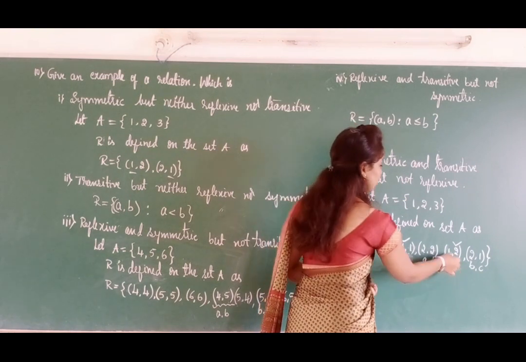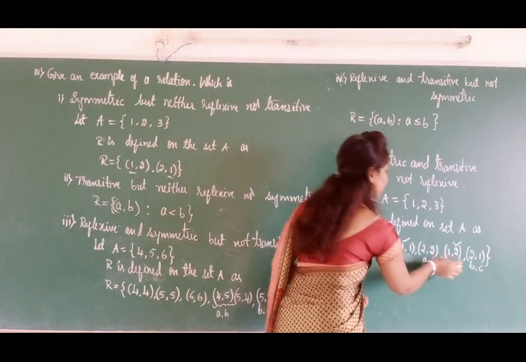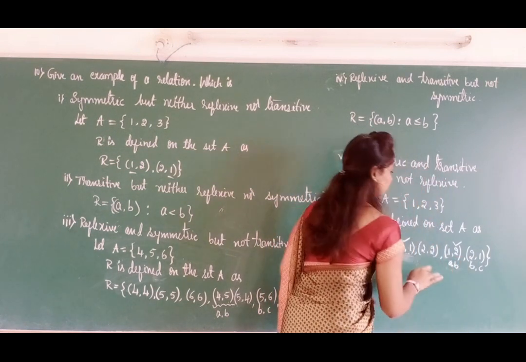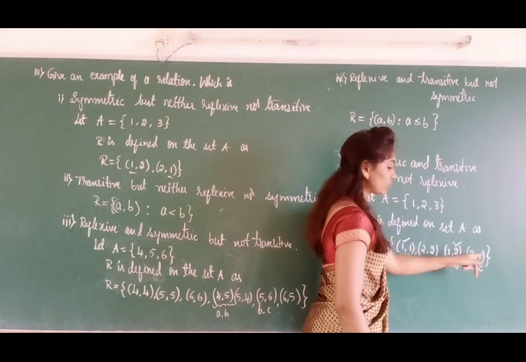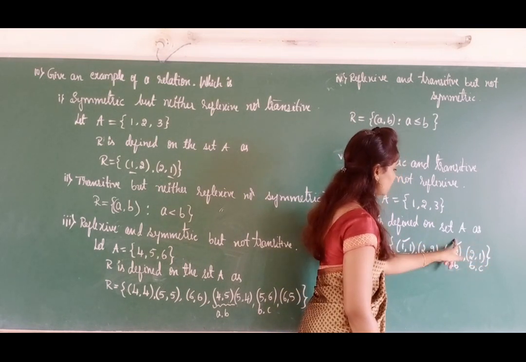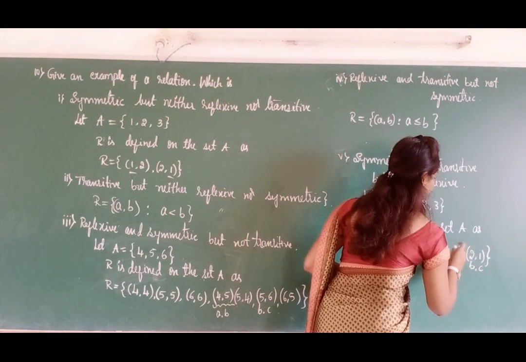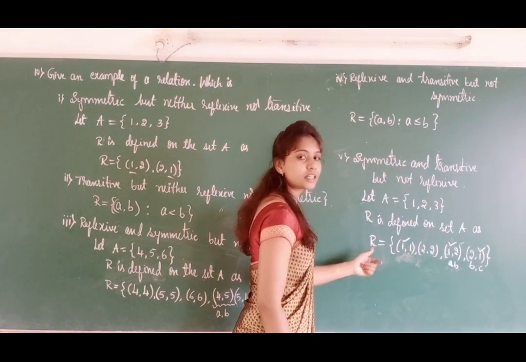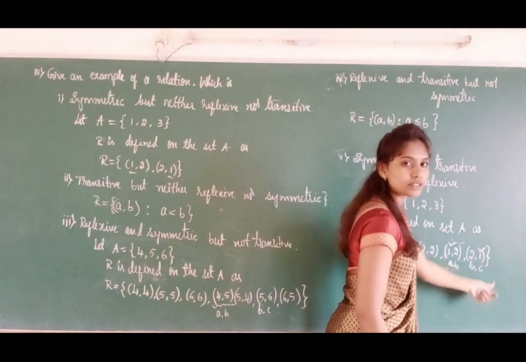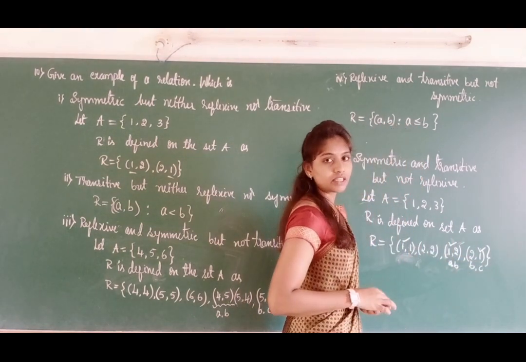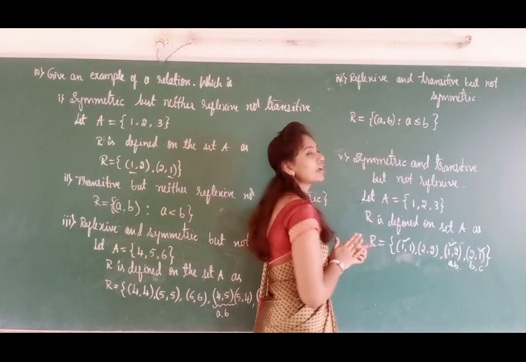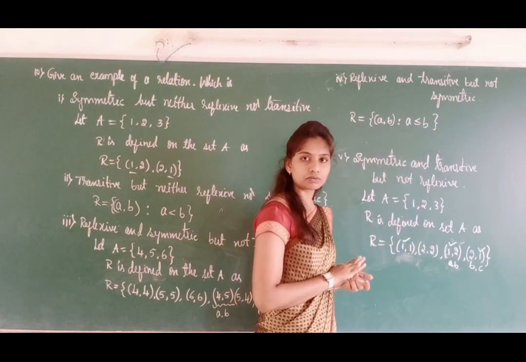Next, move on to the next ordered pair. This is our AB. This is BC. Then the first element and last element, (1, 1), belongs to R. That's why this ordered pair is also satisfying the transitivity condition. Now we must check the transitivity condition for all elements and all ordered pairs.